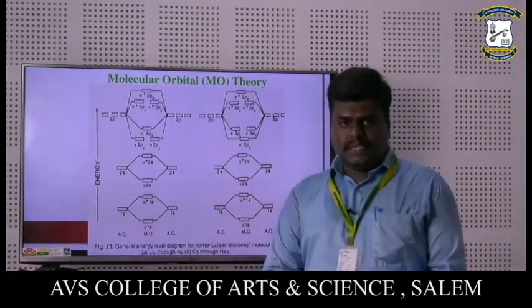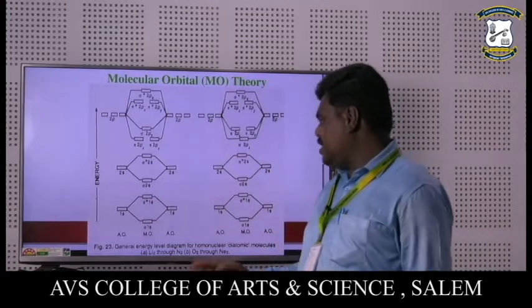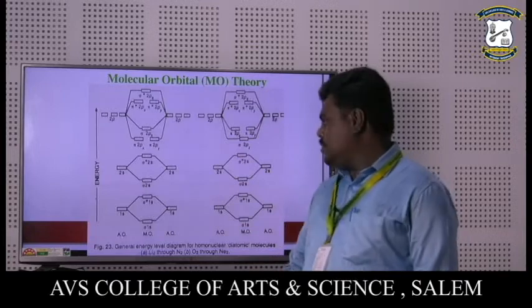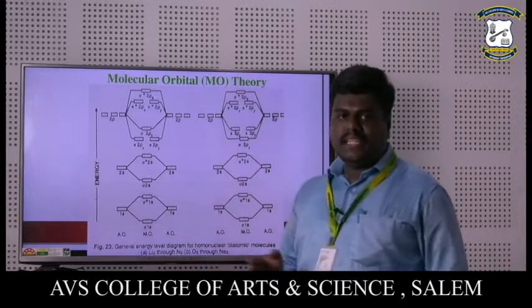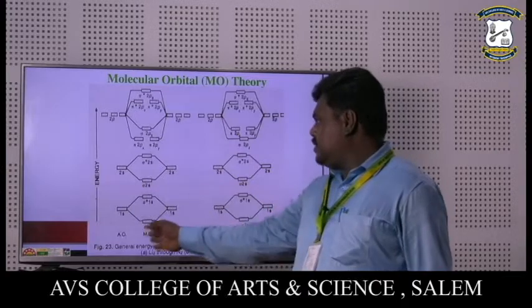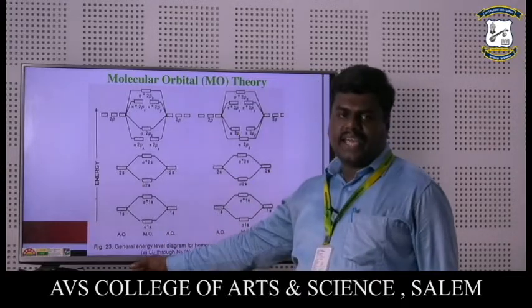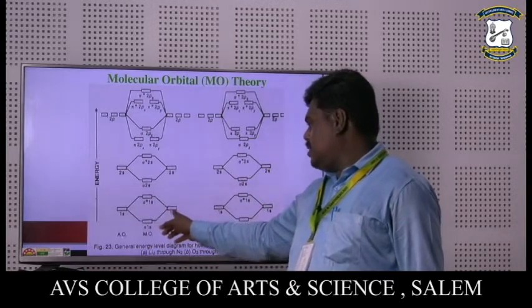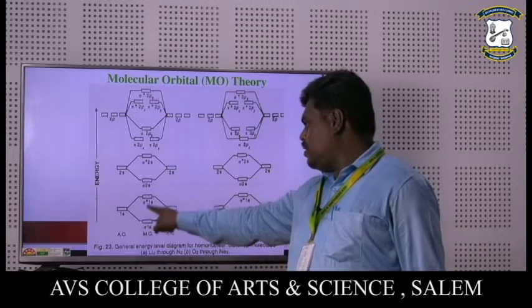In this theory, atomic orbitals combine to form molecular orbitals. This is the main theme of the molecular orbital theory. In this picture, on the y-axis we have taken the energy. Atomic orbital and atomic orbital combine to form molecular orbitals.